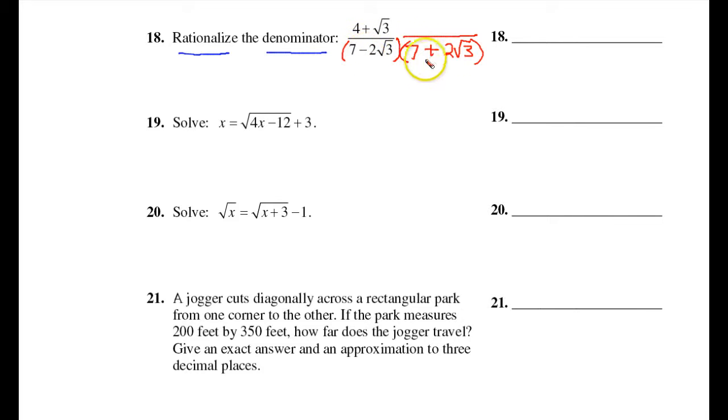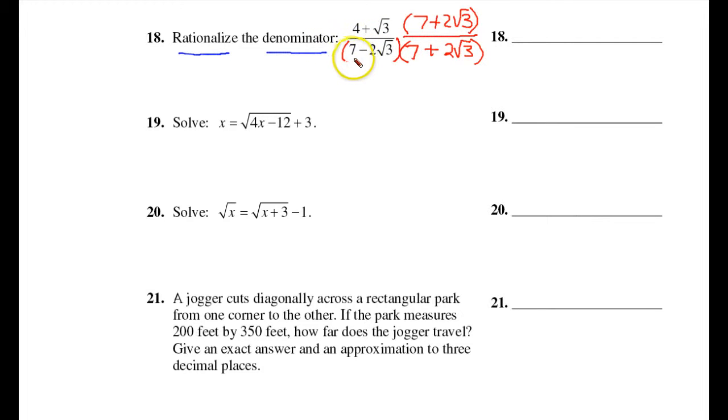Here it's a negative, there it's a positive. And I might ask, what is this divided by this? Well, the answer is 1. We're allowed to multiply anything by 1 and not change its value. This is 1, but I've chosen a special form of 1 so as to rationalize this.